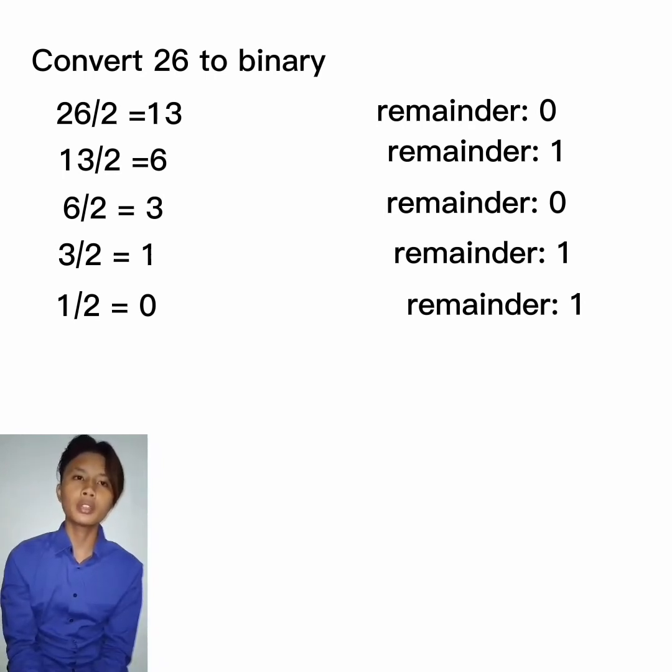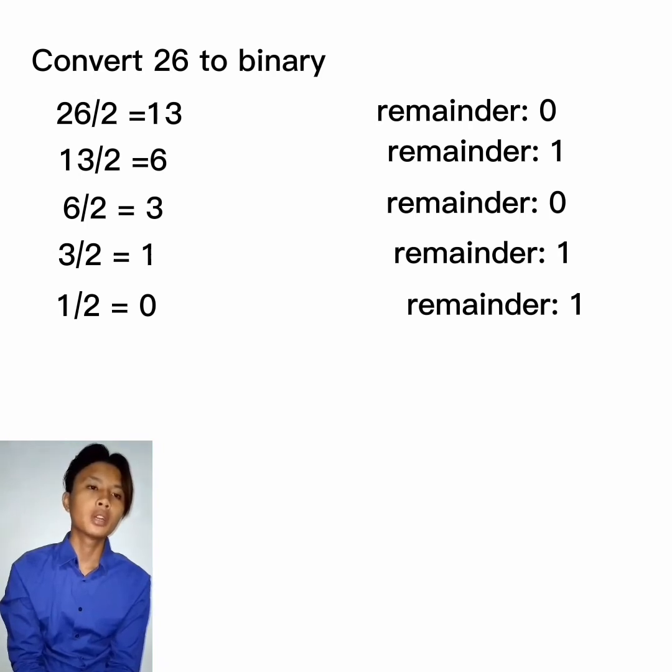So 26 divided by 2 equals 13. We have no remainder, so we're going to write a 0. Then we go again.